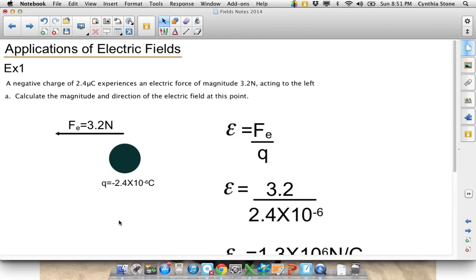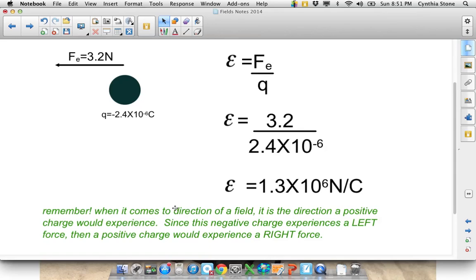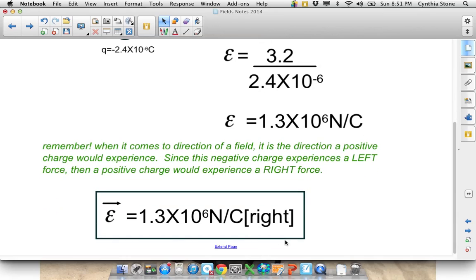If this many coulombs is experiencing that much force, how much force would 1 coulomb feel? It's a big number, and they tend to be on the order of times 10 to the 5 or 10 to the 6. And when it says direction, it's the direction a positive charge would feel. So if a negative charge is feeling a force to the left, my field answer has to be to the right.